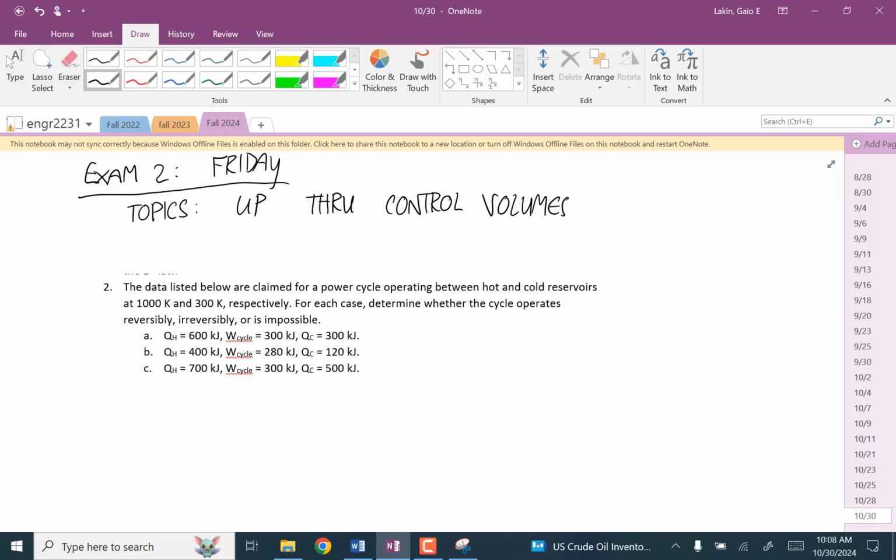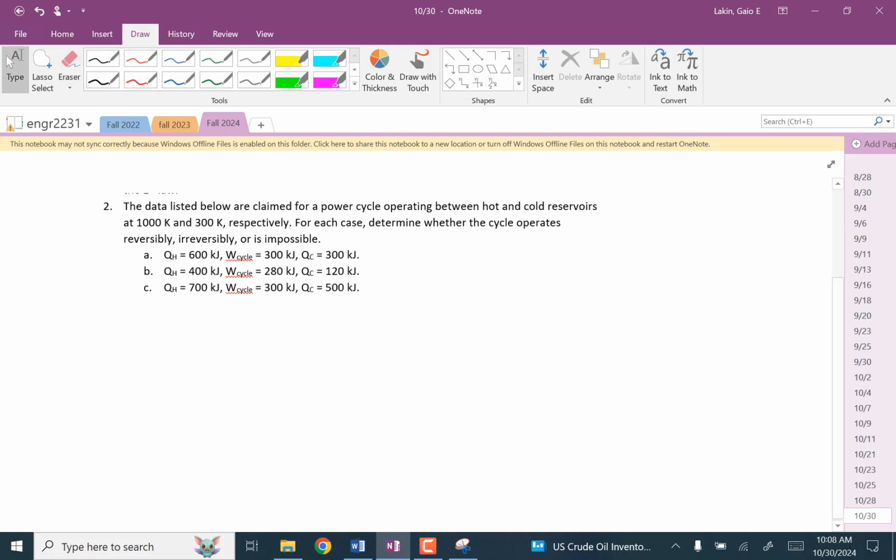So this is a power cycle, and the way a power cycle works, we have the high temperature reservoir, the system, and the low temperature reservoir. We have QH coming in from this TH. We have QC going out to this TC.